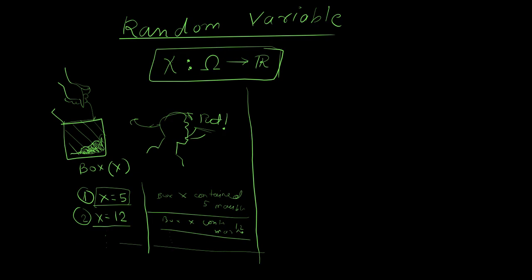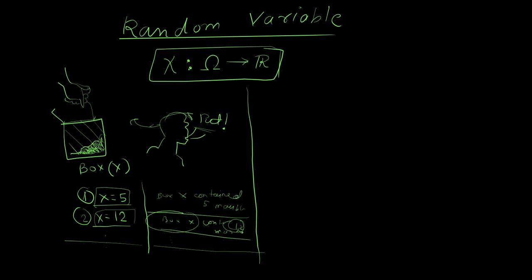So what is happening here? You can see there is a box X, an opaque box, which can contain at any given time any number of marbles. And this is how a random variable is defined.